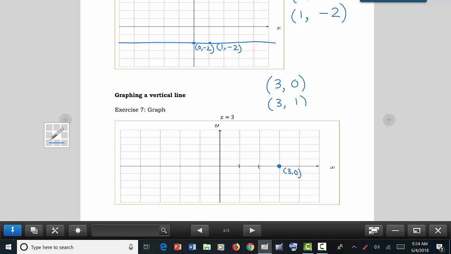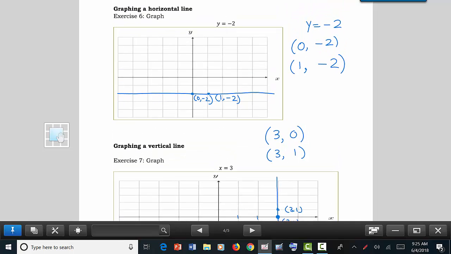We can choose any other value of y, 3, 1. So this is the point 3, 1. Simply join those 2 points by a straight line. That will give the graph of the equation. So basically, if we have x equals something, it is always a vertical line. If y equals something, it is always a horizontal line.